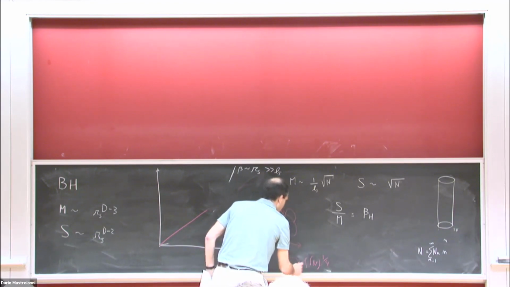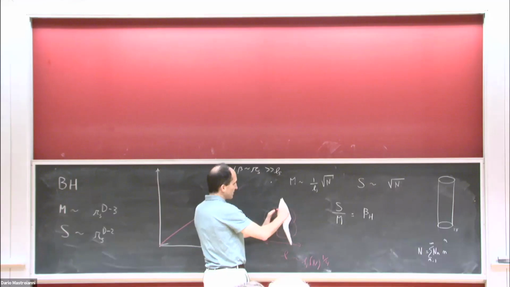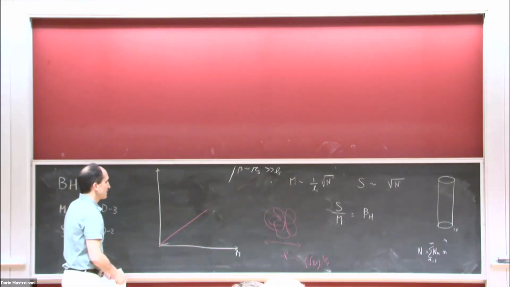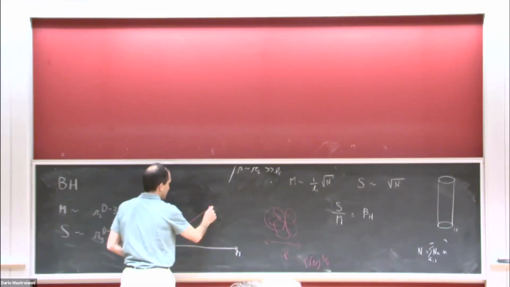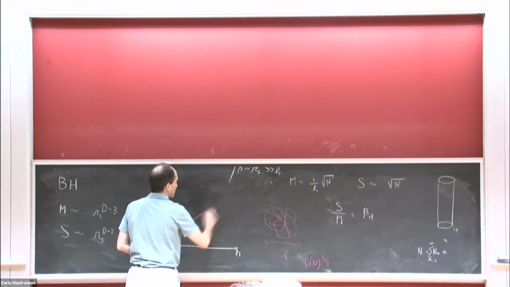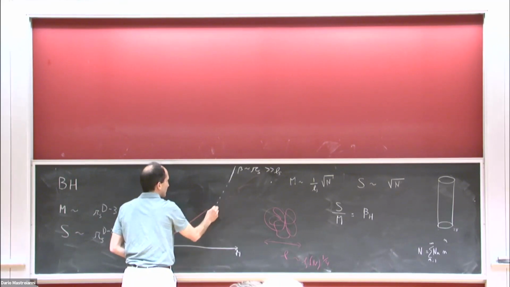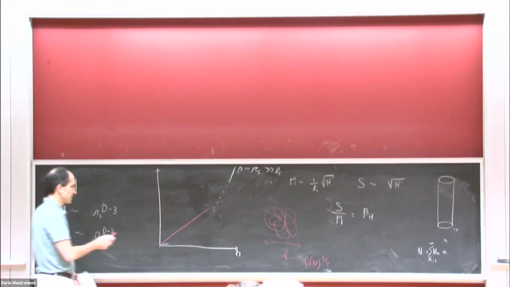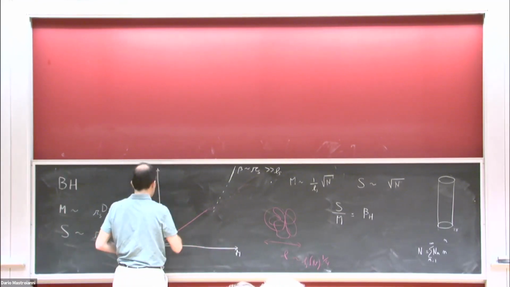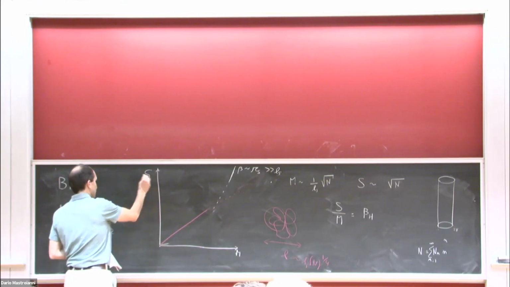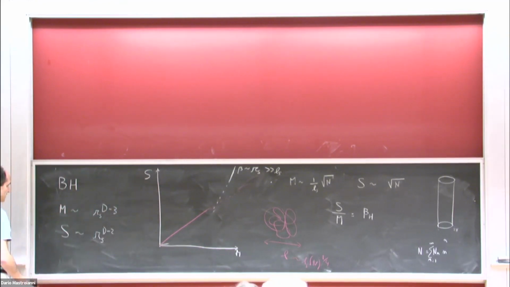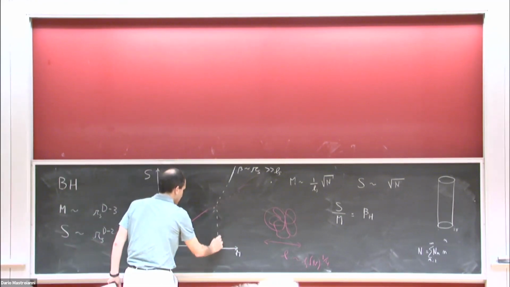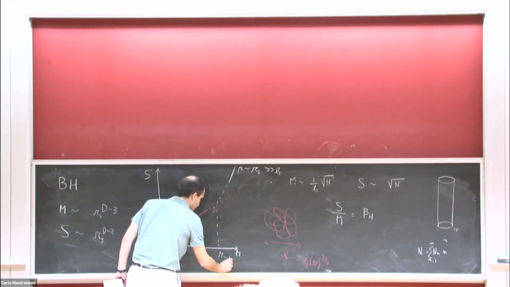So as you start exciting the string more and more, the string gets larger and larger. You can nevertheless extrapolate these two formulas and ask where you would expect them to meet, and they meet when the two masses and entropies are the same. So the vertical axis here is the entropy, and that happens at the value of mass which goes like 1 over G Newton.